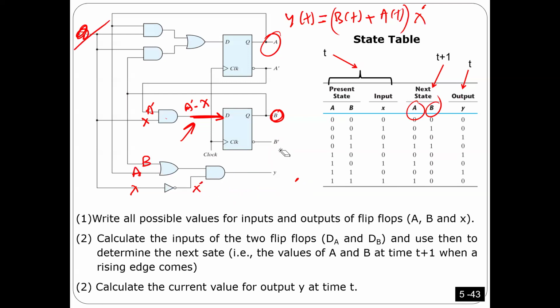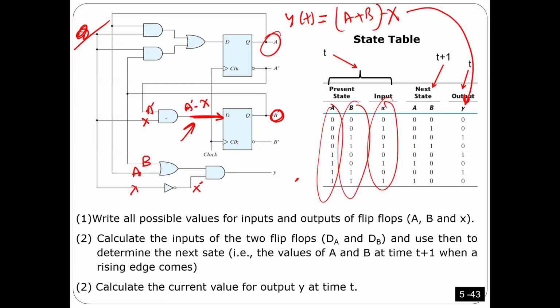So the equation I have here is A or B, and X. Similar to what I did before, I have A, B, and X. For every input, I'm going to use this equation to calculate the output.